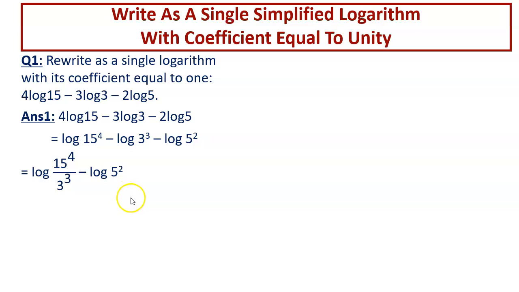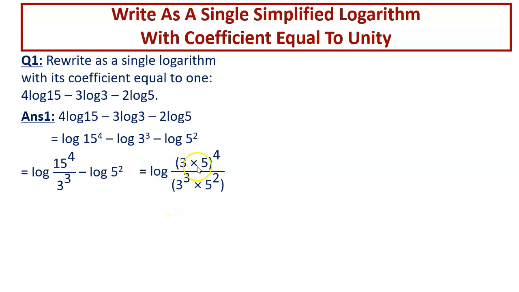So this becomes log of, and 15 can be written as, why am I writing 15 as 3 times 4 whole raised to the power of 4? Sorry, it is 3 times 5 whole raised to the power of 4. You will know after this step, of course, very soon. Because we have to simplify, because we have come to a single log term having a coefficient of 1.